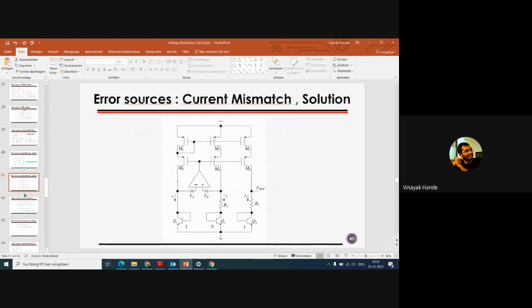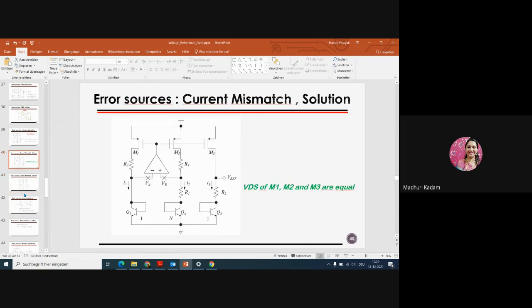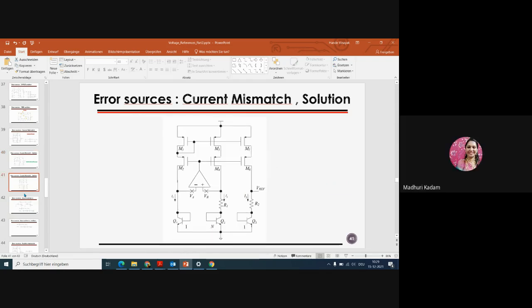Yes, this one. So initially we were using resistors to adjust the VDS because VDS is different for all three lines. You said that instead of resistor, because if we are using resistor we need more area, more space on chip, we can go for cascoding. So cascoding means again we are adjusting the VDS only, or we are shielding the supply?